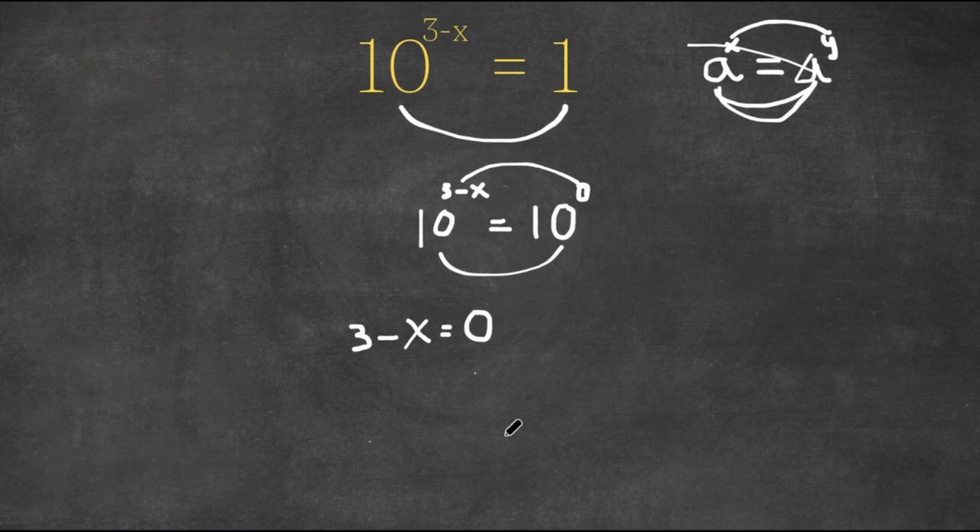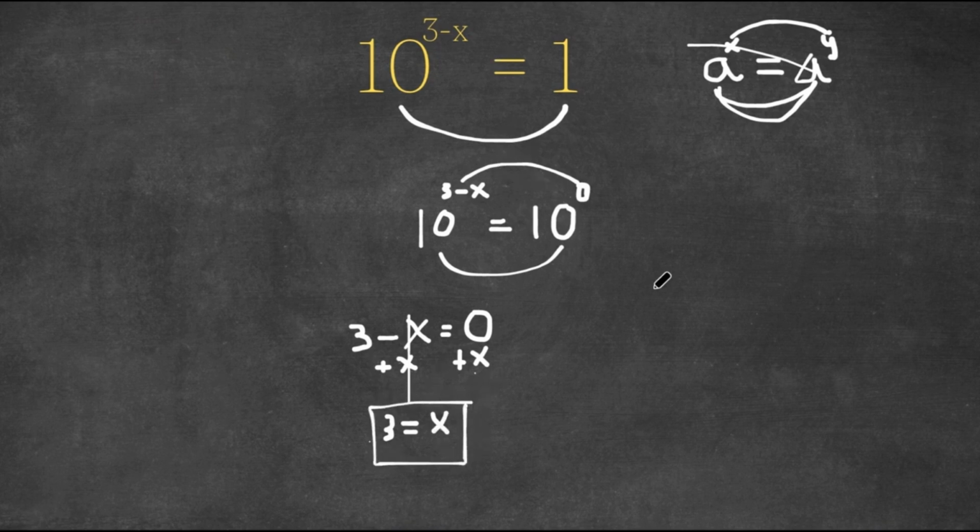To get the value of x, we're going to make it go to the right side, so we add x on both sides. These two cancel out, so we're left with 3 equals 0 plus x, which is x. So now we have our value for x.